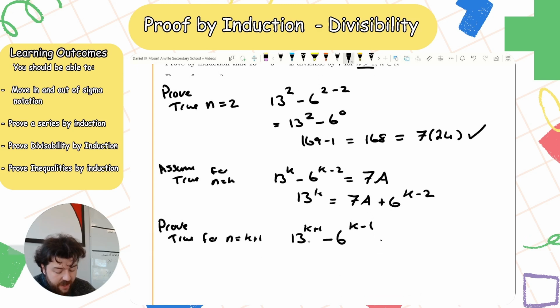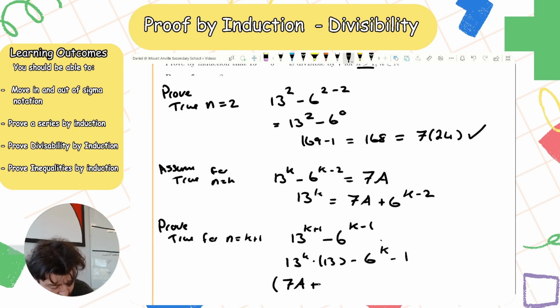So I have a 13 to the k plus 1 here. So I'm going to rewrite that as 13 to the k times 13 minus 6 to the k minus 1. So this is going to be 7a plus 13 times 6 to the a minus 2, or sorry, k minus 2.